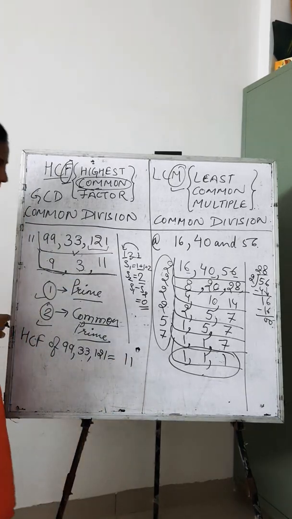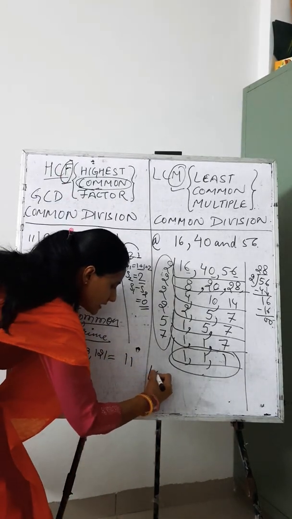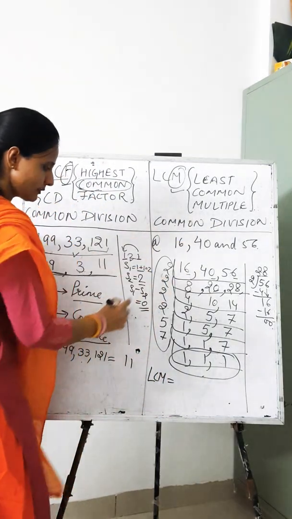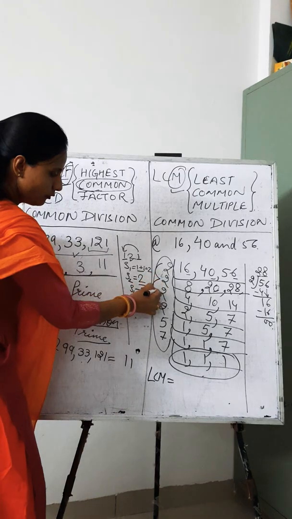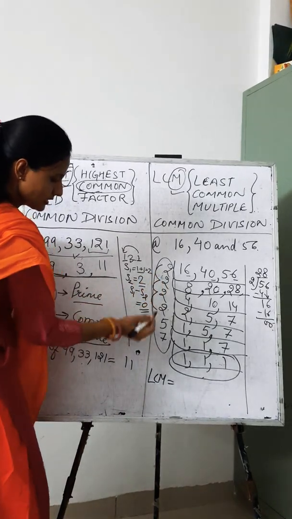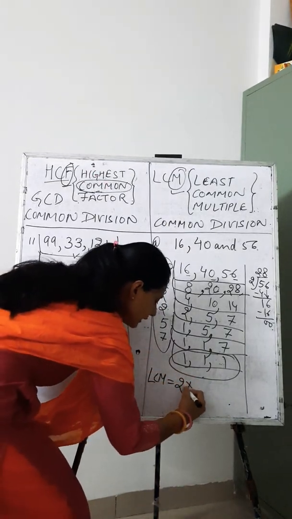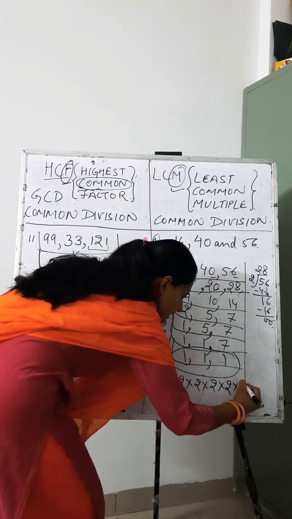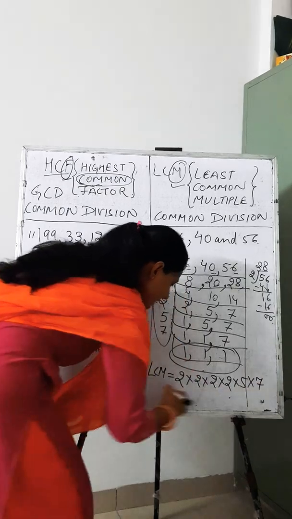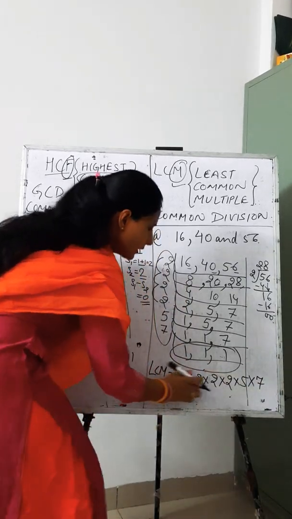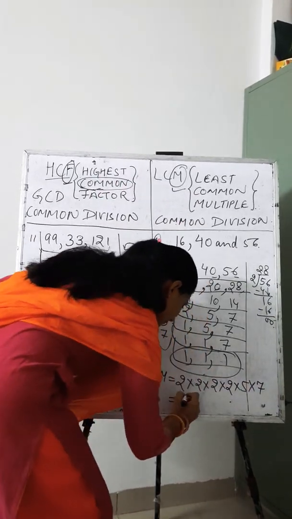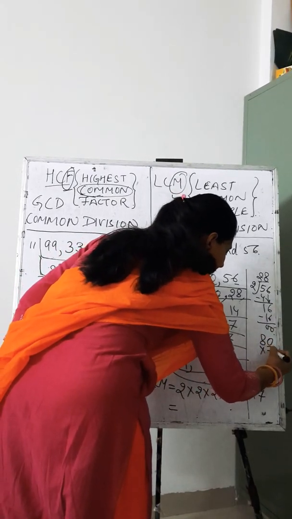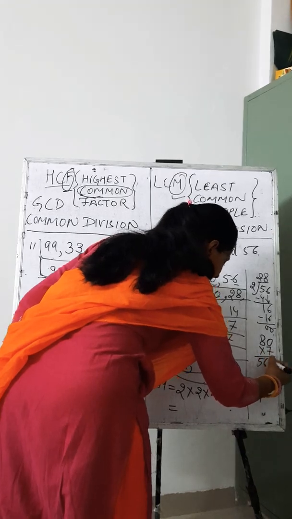And here LCM of 16, 40 and 56 will be 2 2s are 4, 4 2s are 8, 8 2s are 16. So what you have to do, we have to multiply in this way. 16 multiplied by 5 multiplied by 7. 16 5s are 80, 80 multiplied by 7, that is 560.